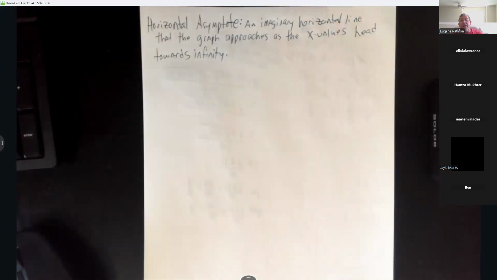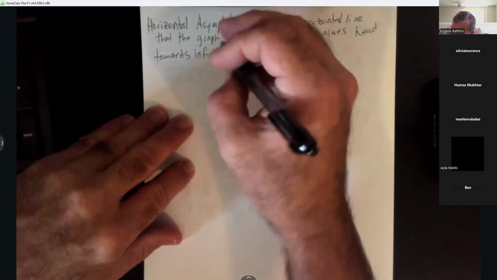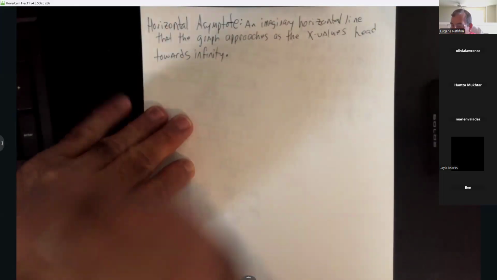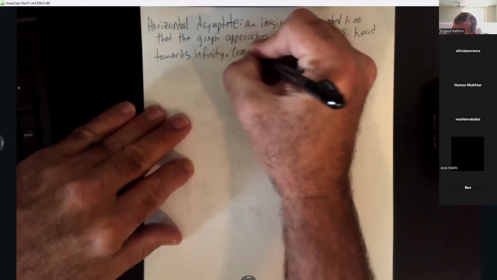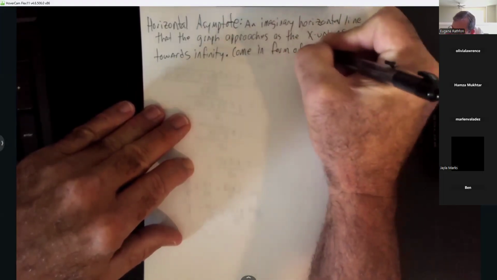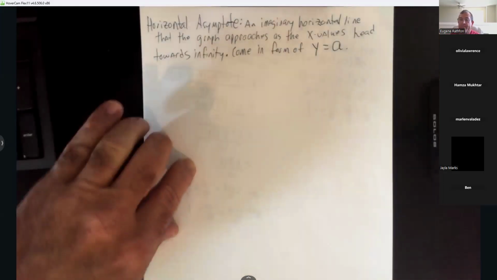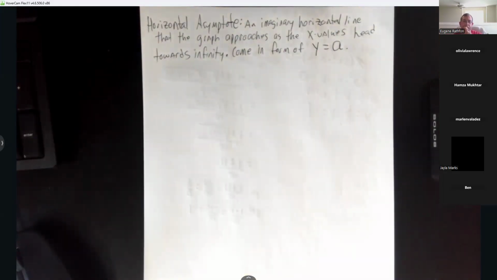Actually, it'd be negative and positive infinity, okay? These come in the form of y equals some number. Since they're horizontal, they're going to be y lines, okay?